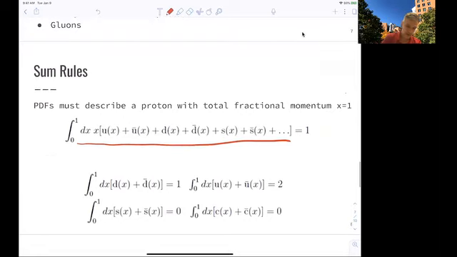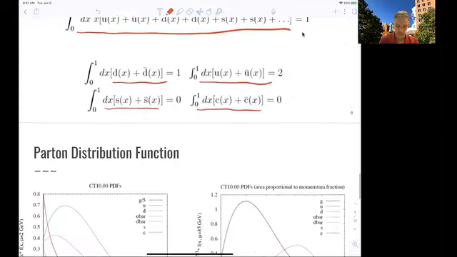If you integrate the down quarks and the up quarks, you find 1 or 2, meaning that those are the number of valence quarks we have available. If you integrate the distributions of strange and anti-strange and charm and anti-charm, you get 0, right? Because there needs to be the same number of strange and anti-strange and charm and anti-charm. And because of conservation, those sums need to be 0.